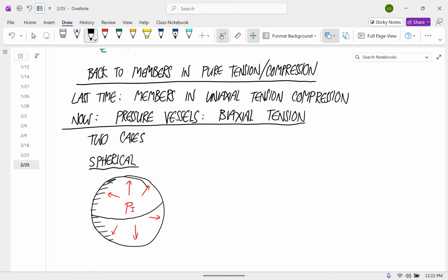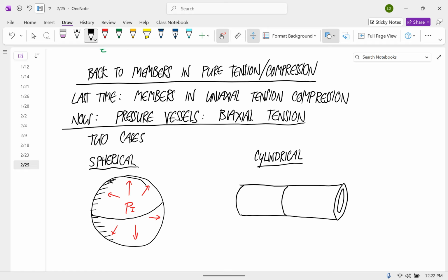And then the other type is cylindrical. And so a cylindrical pressure vessel is like this. And what happens at the ends of a cylindrical pressure vessel?